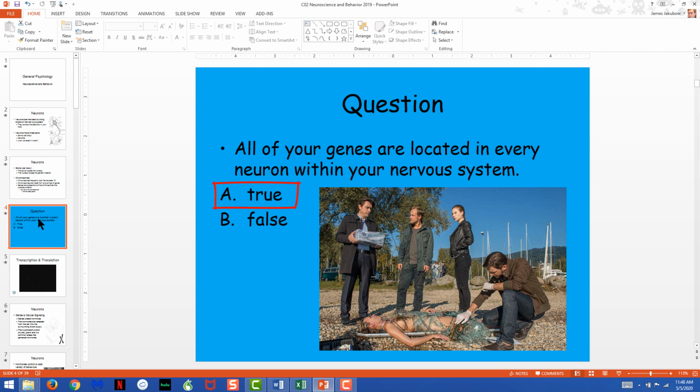And of course, in a police show, being overly dramatic, you can always find this DNA, scoop it up, and analyze it to be able to get the genetic fingerprint of the murderer. And that general idea is essentially true, but it also extends to all of the cells inside of your body.